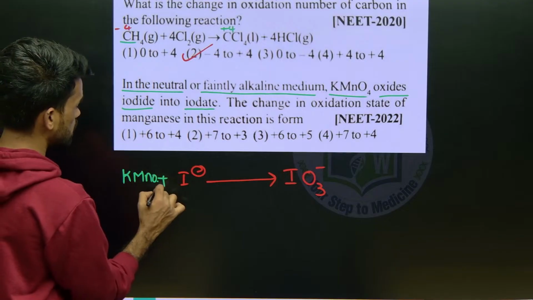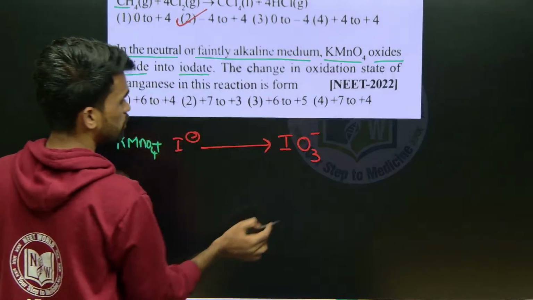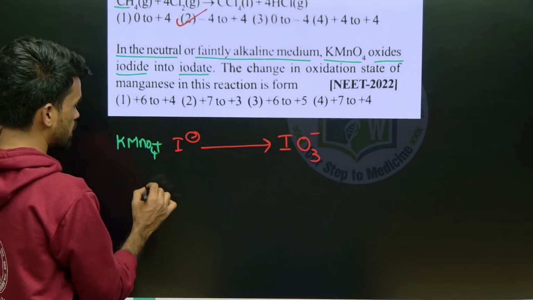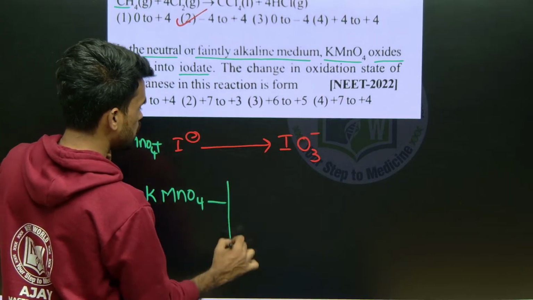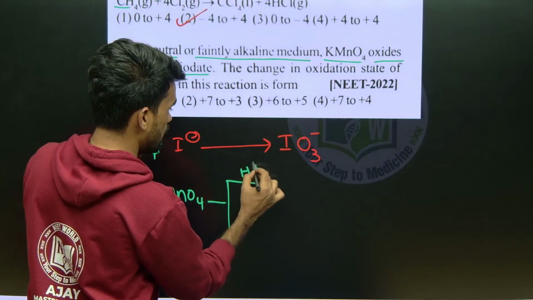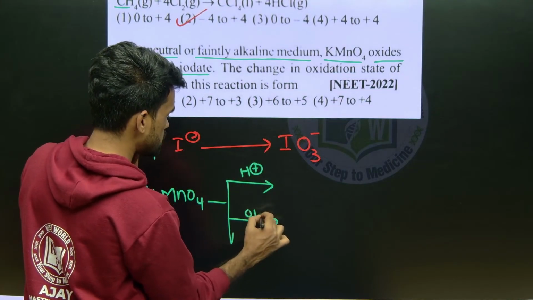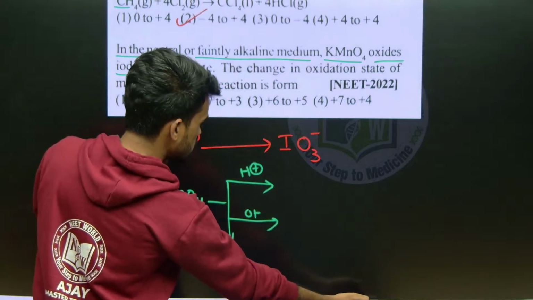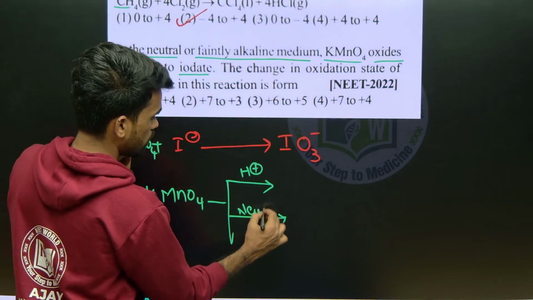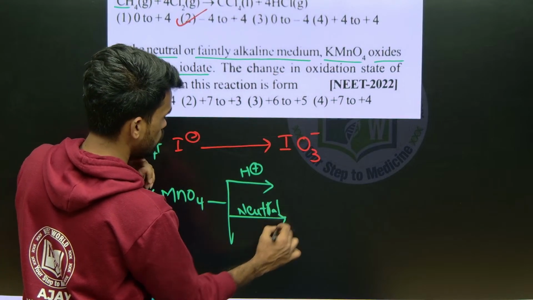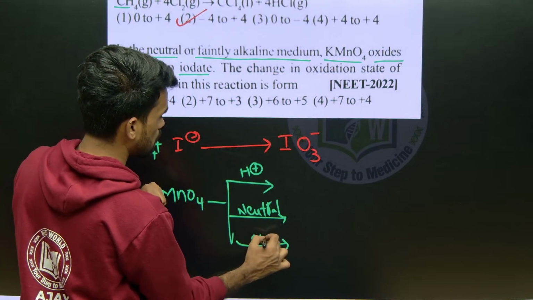You know, guys, KMnO4 shows different oxidation states in different mediums. When I take KMnO4 in acidic medium, basic medium, or neutral medium, here we are calling it slightly acidic or neutral, and the last one is a completely strong basic medium.